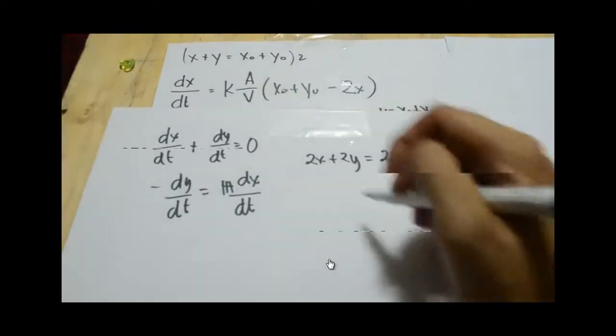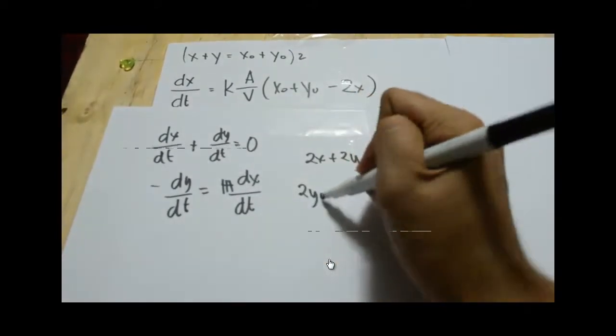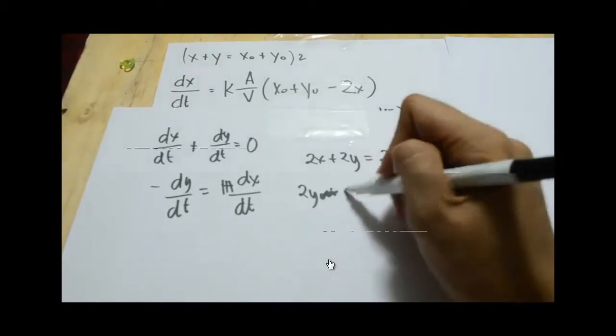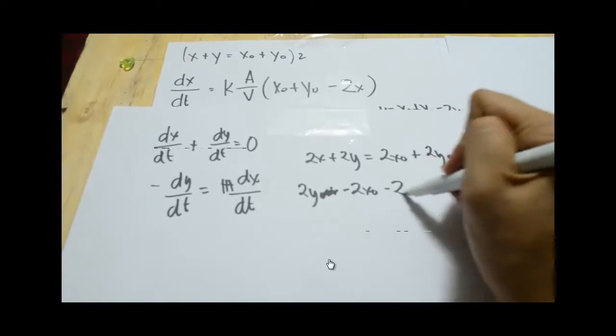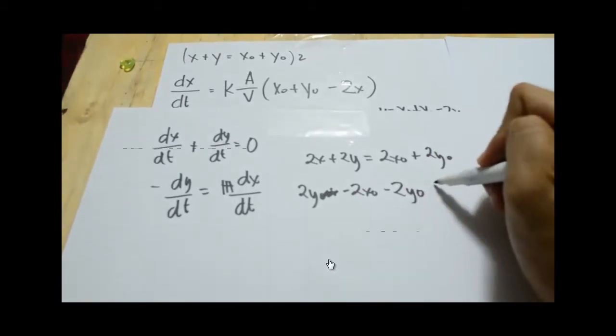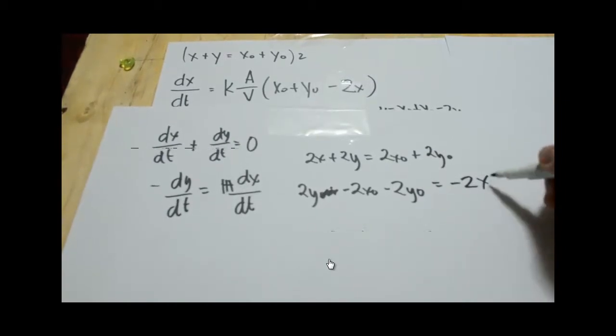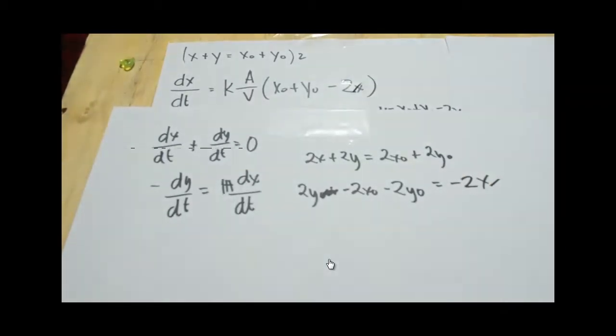And making it 2y minus 2x sub o minus 2y sub o is equal to negative 2x. And we have here a negative 2x and our negative 2x here.